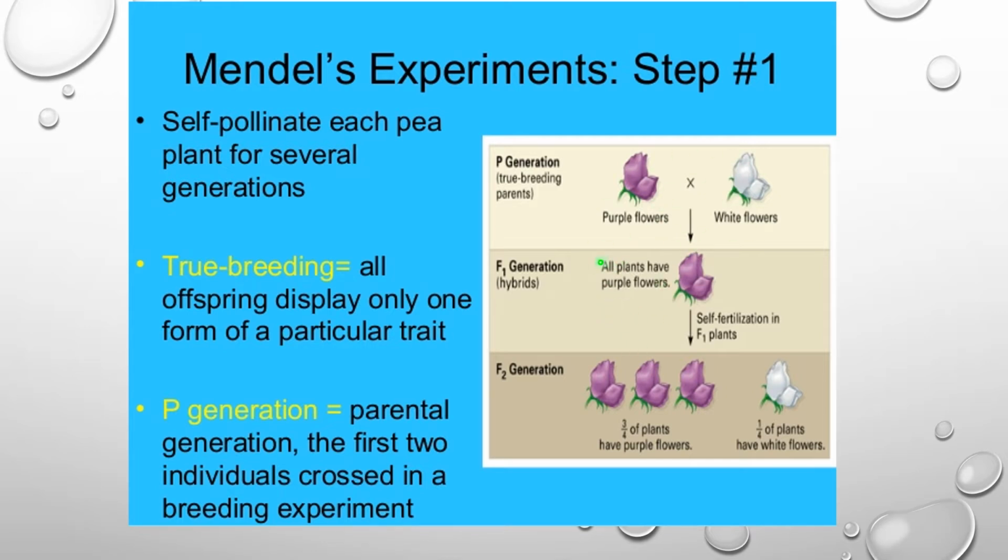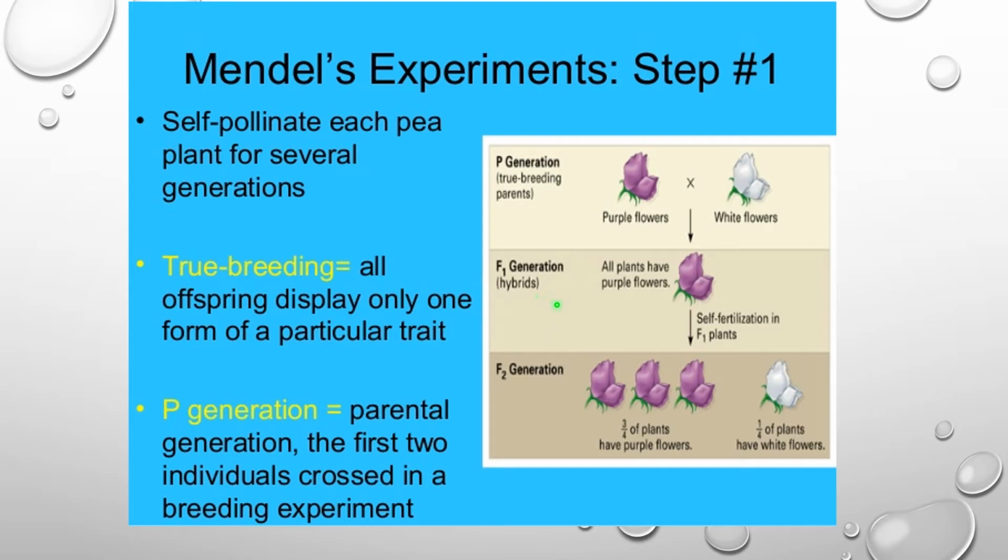After pure lines were obtained, the second step was the crossing of these parents, giving rise to the F1 generation, which were all identical to one parent, with purple flowers.